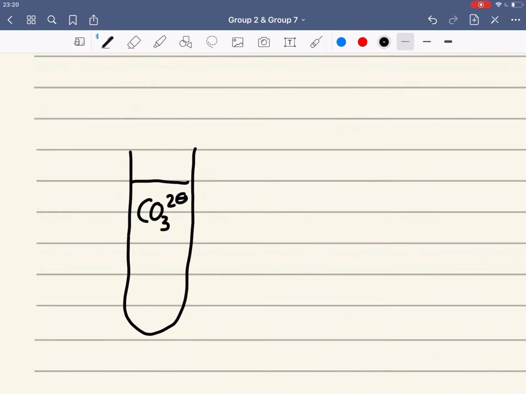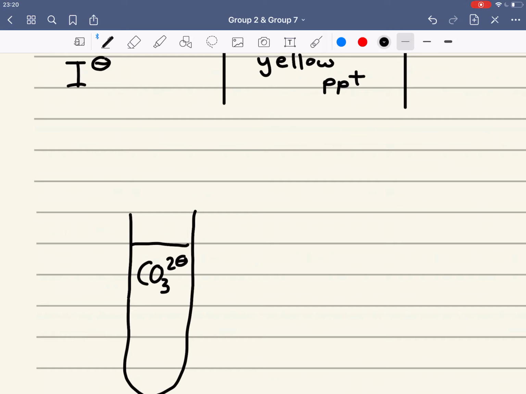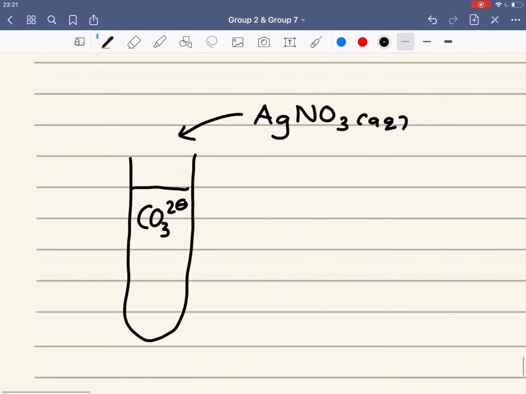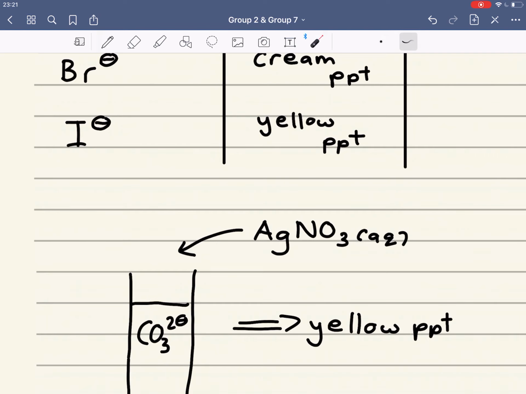If I add silver nitrate solution to a solution which contains carbonate ions, for example, you would get a yellow precipitate. And you may think, well, I've got a yellow precipitate, so I've got iodide ions.